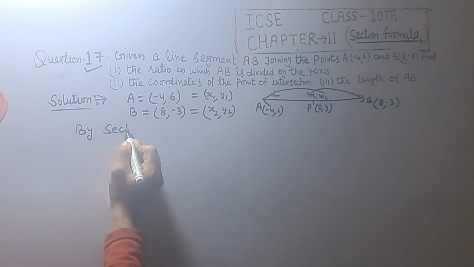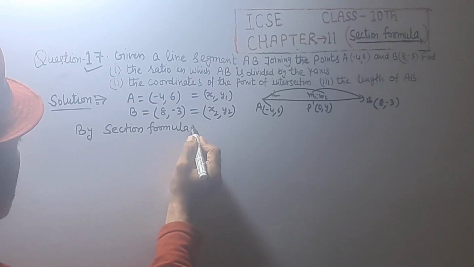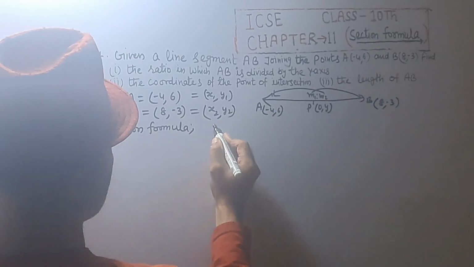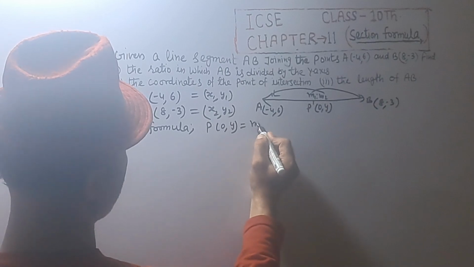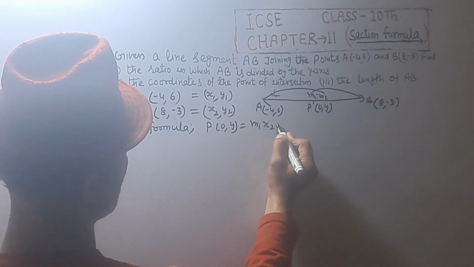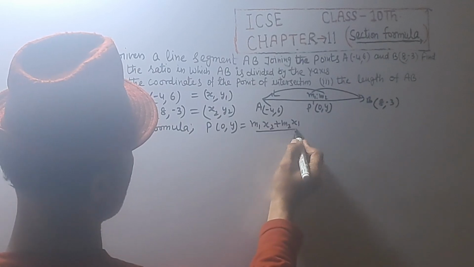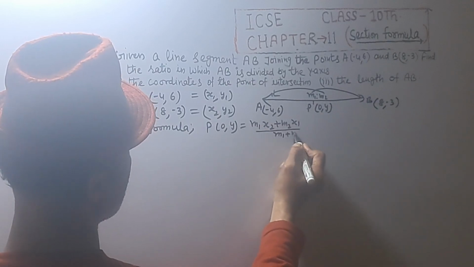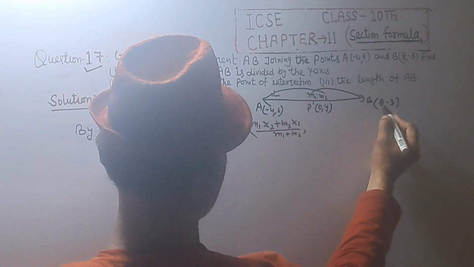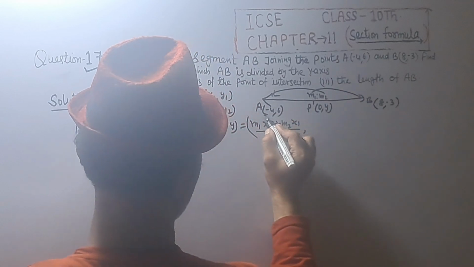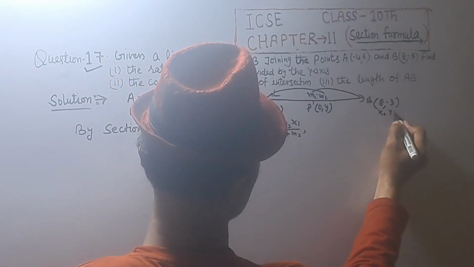By section formula, P(0, y) is equal to (m1x2 + m2x1)/(m1 + m2), with m1, x1, y1, x2, y2.